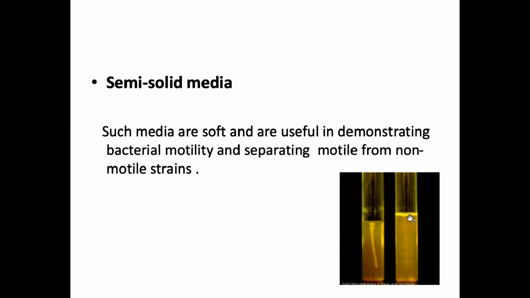So the bacteria started growing and multiplying just on the way of the entrance of this loop. Meanwhile, in the right tube, you can see that the place where the culture media was poked by the bacteriological loop is not clear enough, because bacteria were able to move, not just growing on the way of penetration of the loop, but also growing inside the culture media because it is semi-solid.